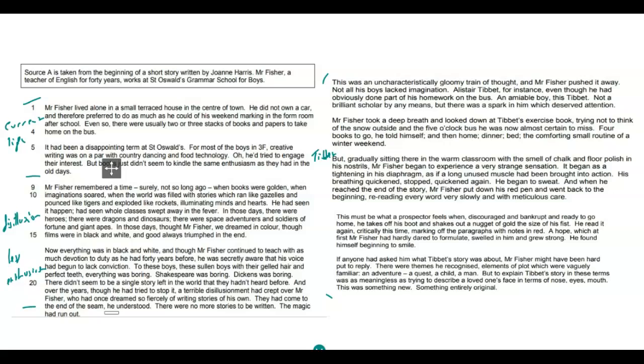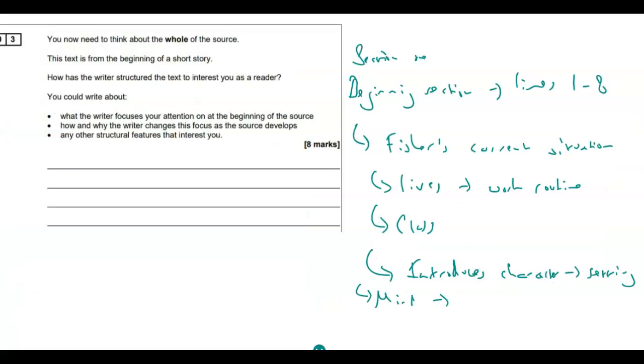Then we go from lines 9 through to 24. Okay, so that's section 1. Let me just shift this over.